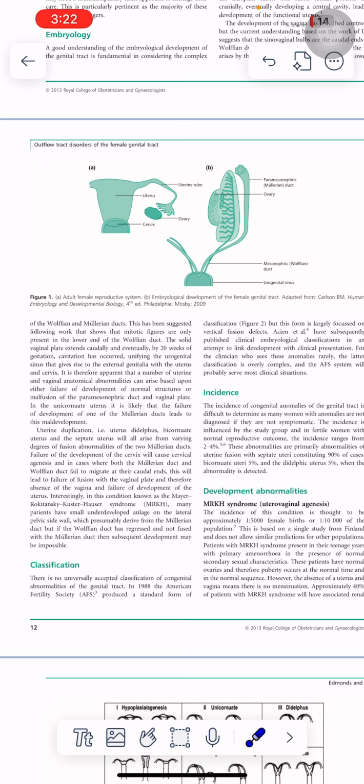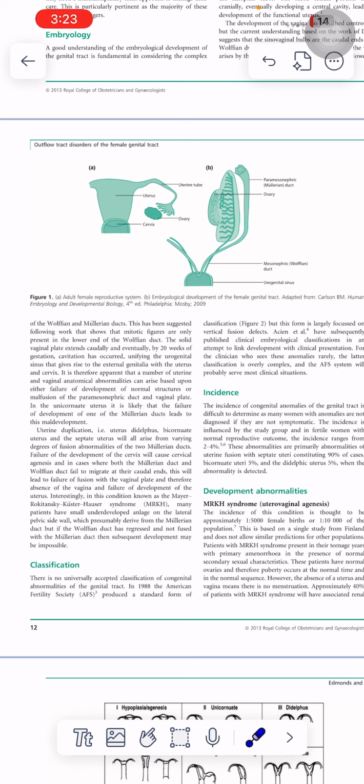The upper part of the vagina is formed from the paramesonephric duct and the lower part from the urogenital sinus, and the rest of the female genital structures like the labia majora and labia minora all form from the urogenital sinus.